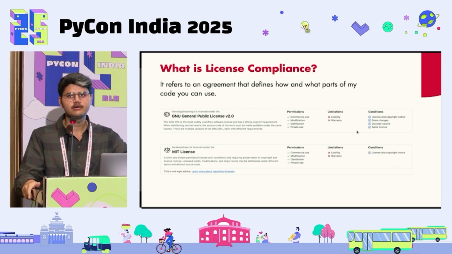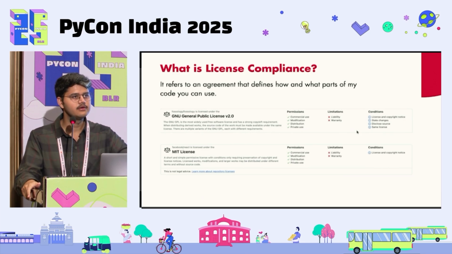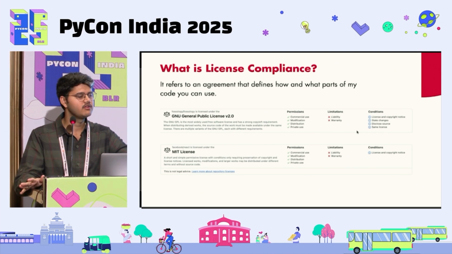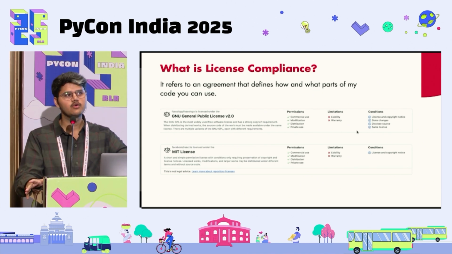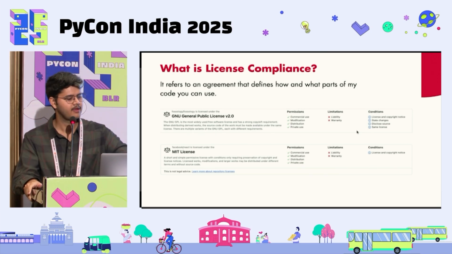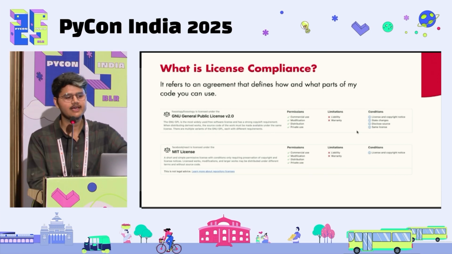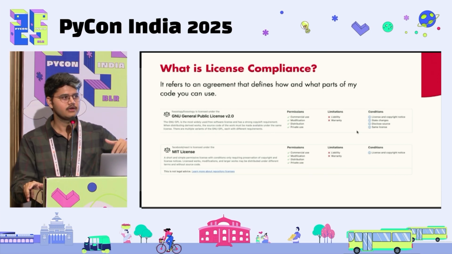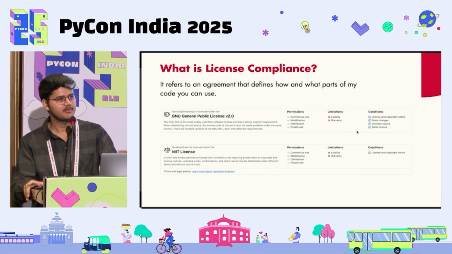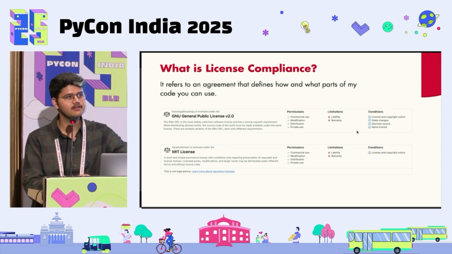On the other hand, the MIT license is a more permissive license, and it allows you to use the code in whichever manner you want, with just the requirement that you give credit to the original author of the code. So this is all about license compliance, and the method through which we assure that people stick to the requirements defined in these licenses is generally known as license compliance.